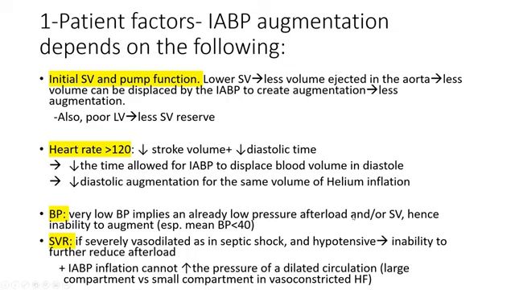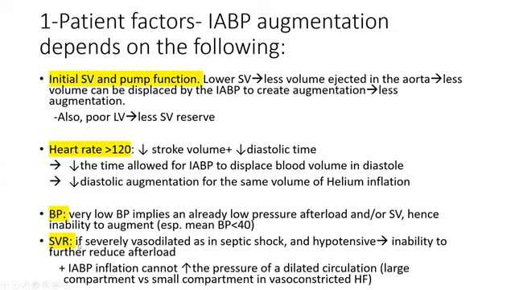Okay, your pressure afterload is already low, and or you have a very low stroke volume, hence you have inability to augment properly, especially if you have mean blood pressure less than 40. And all those ideas show you why the sickest patient may not respond well to balloon pump, especially the sickest MI shock patient.